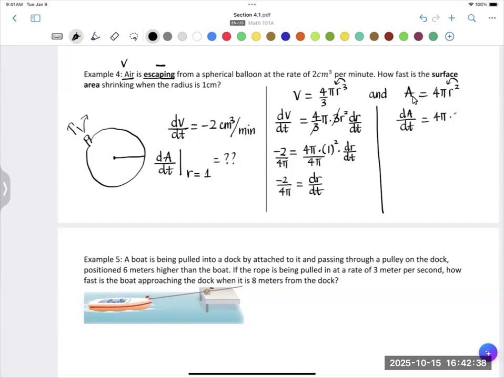Bring down the 2, we have 2r, and then dr over dt. Now, plugging in what we have, 8 pi. The radius is 1, just 1. And then the dr over dt, lucky that we already found that above here. So we're going to have -2 over 4 pi. Simplify everything, we have 2, and then this is going to be -4.